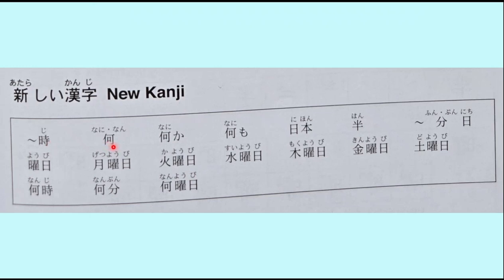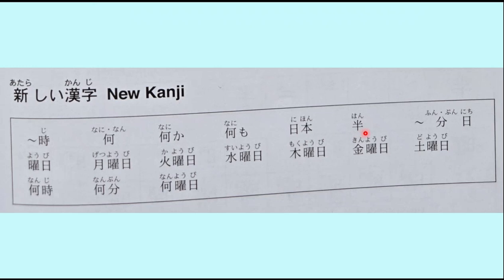Then we have Nani or Nan, which means what. Then we have Nanika, which means something. Then we have nanimo, which means anything, but it is used in the negative sense, so it becomes nothing. Then we have nihon, means Japan.